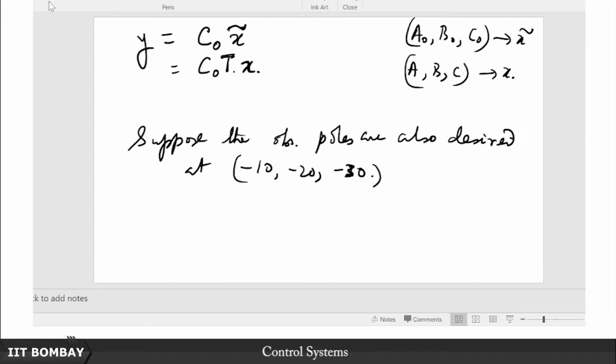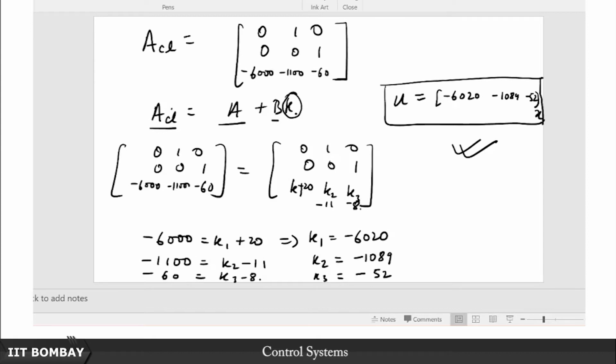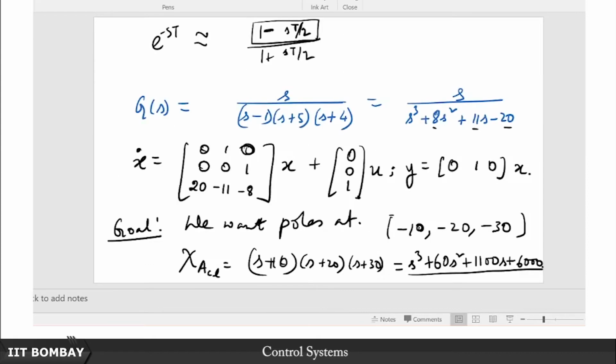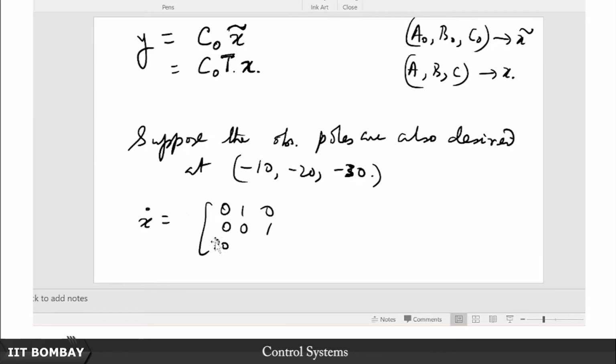So what is my problem then? To reiterate, my system is given by x dot is equal to [0 1 0; 0 0 1; 20 -11 -8] x plus [0 0 1] times u, and y is equal to [0 1 0] times x.